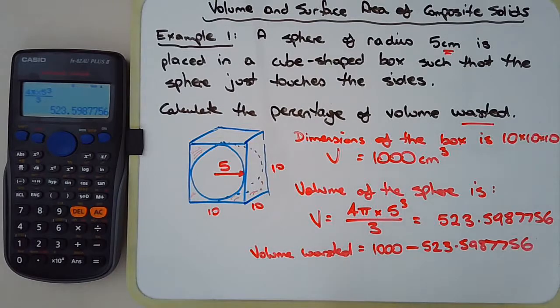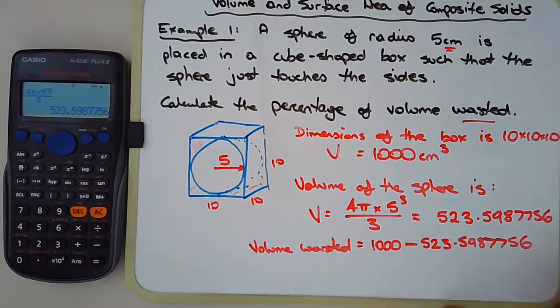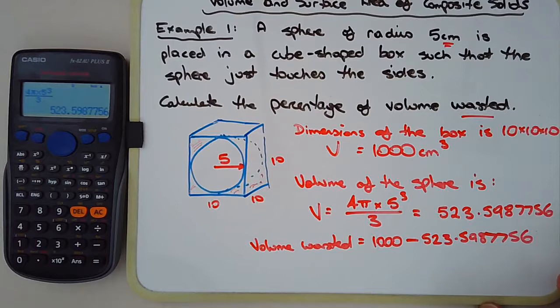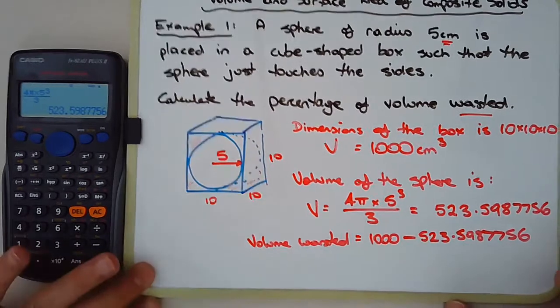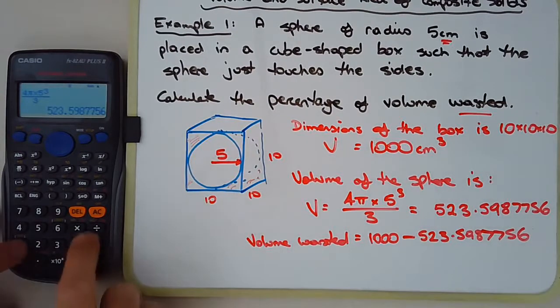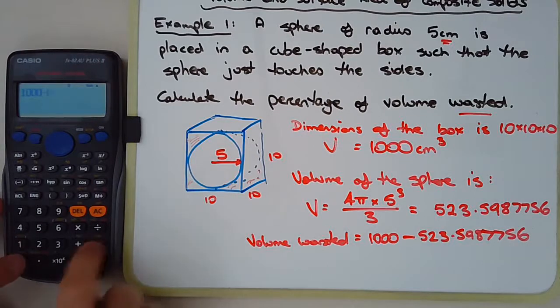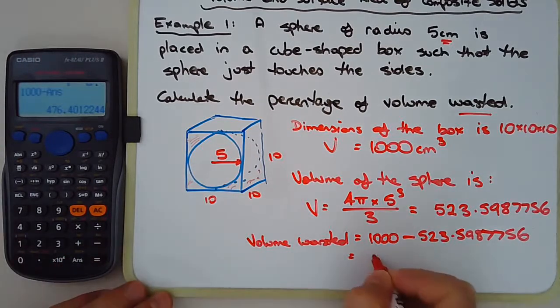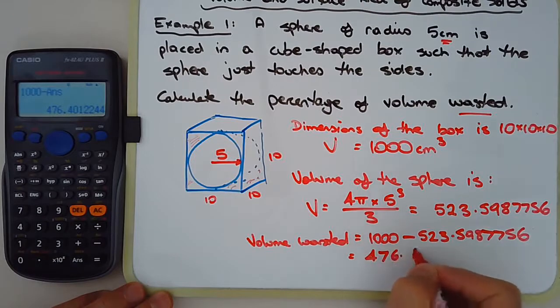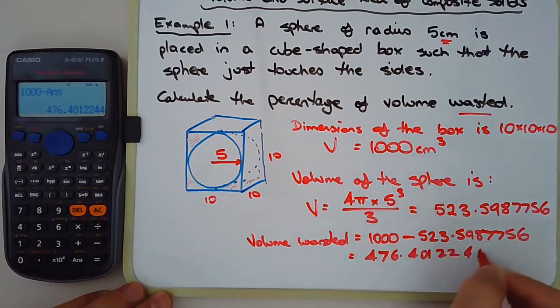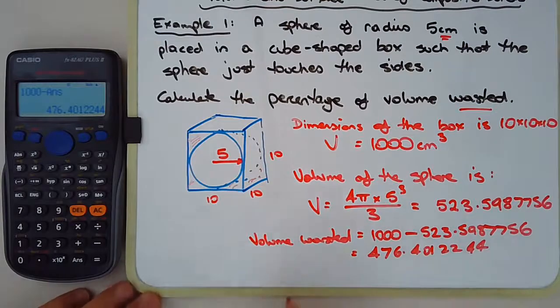Even if you get the answer wrong, there's a reasonable chance that you may still get some marks for your working out if it's logically sound and sufficient enough. So that's 1,000 minus my previous answer, which is 476.40122244. The percentage of volume wasted is going to be this value divided by 1,000.